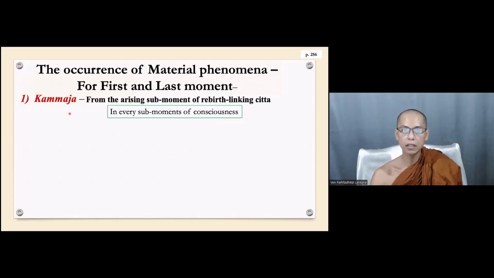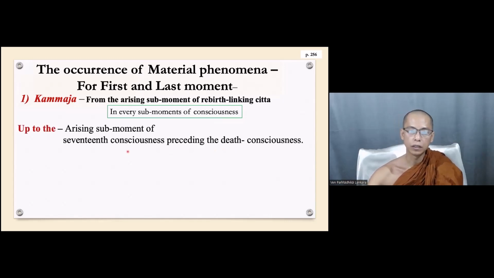In this way, it continues the whole life up to the arising sub-moment of the 17th consciousness before the death consciousness. That consciousness is the last moment of mentality in the life.